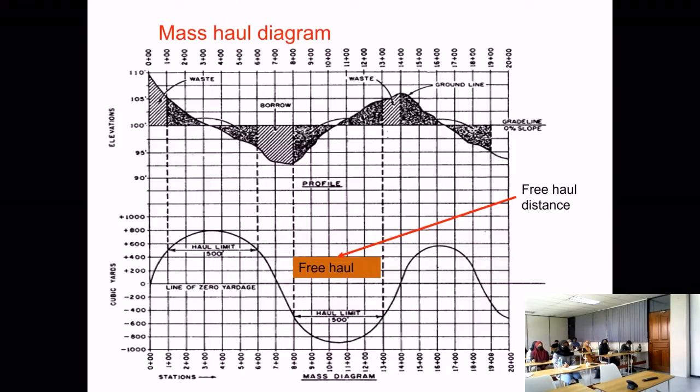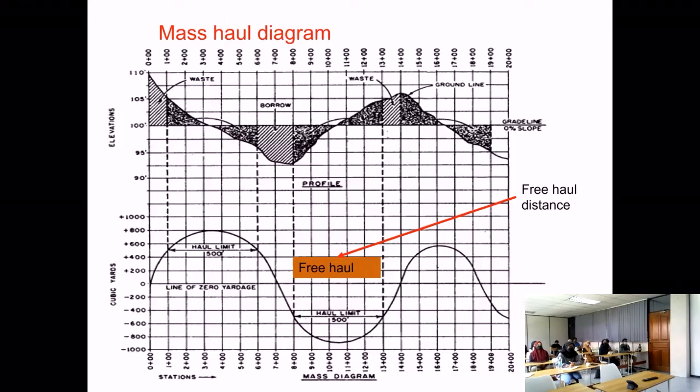Another example that shows a wider or greater range. This is the profile again, the one from before. This is cut, fill, and so on. But in this case, the calculation for the free haul distance is already calculated, and the calculation indicates 500.